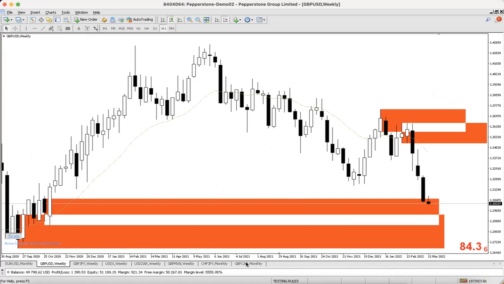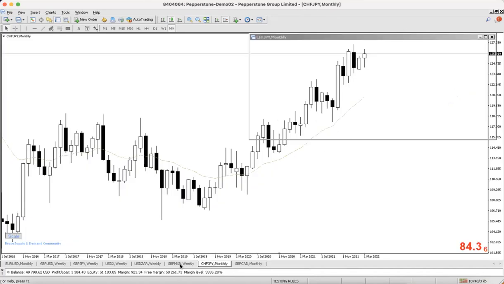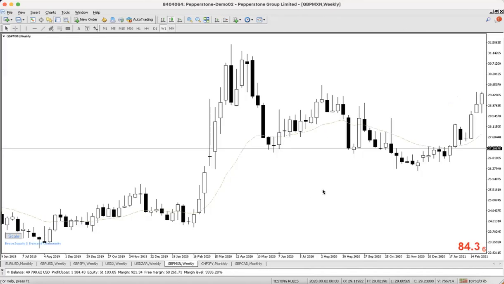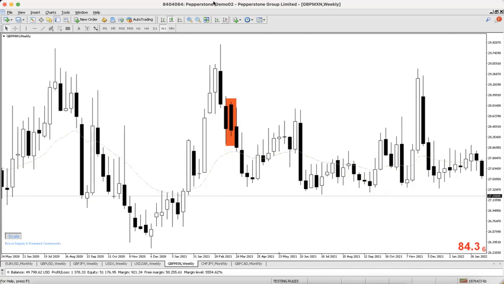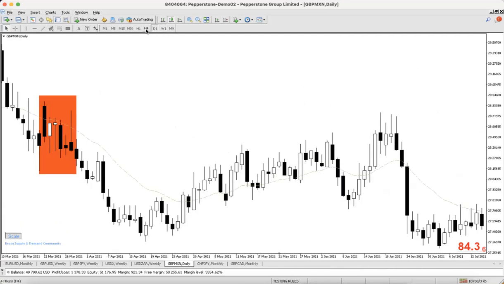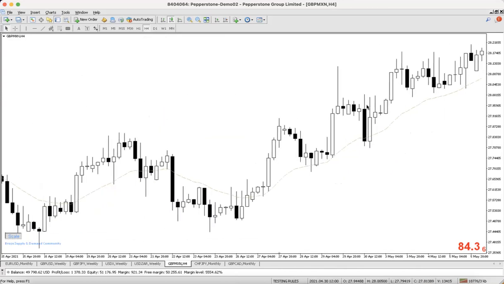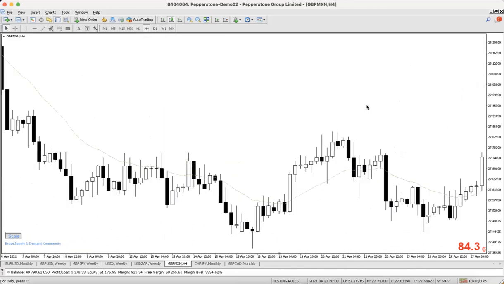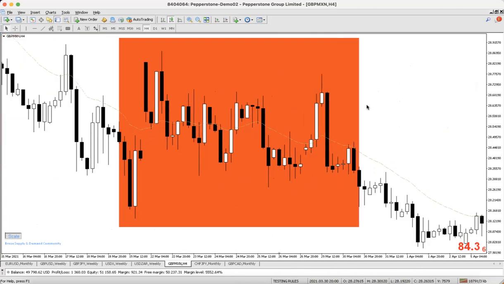So usually when you find a gap on your chart, most of the time price will come down and close that gap. Price will always come down to close the gaps.